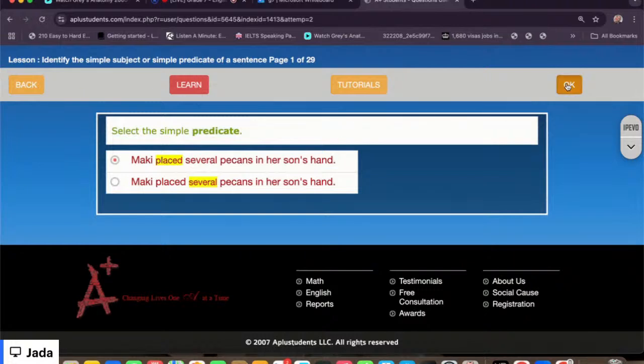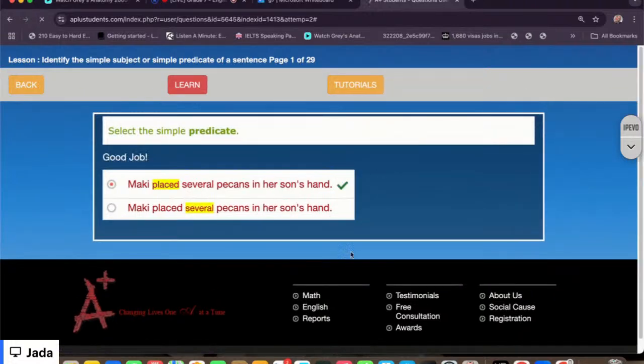So, the simple predicate will be what? Placed. All right, that's the verb.